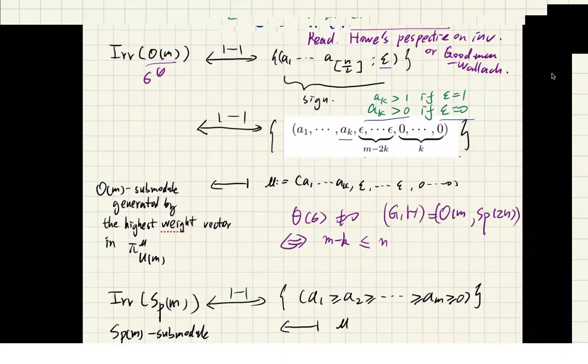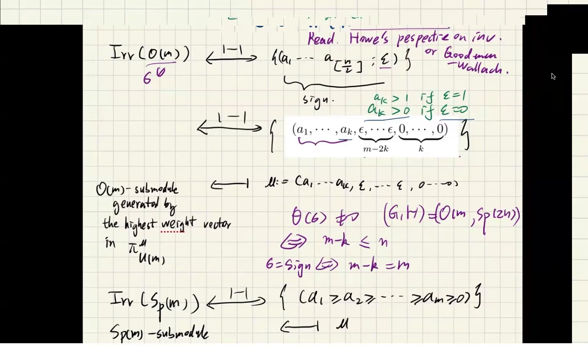So from this, you see that if your representation is a sign representation, then sigma equal to sign implies that m minus k is equal to n, because k is 0. Oh, sorry, k is here. So your epsilon is 1, but k is 0.